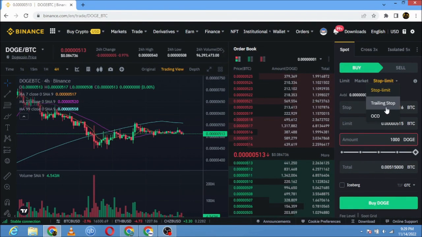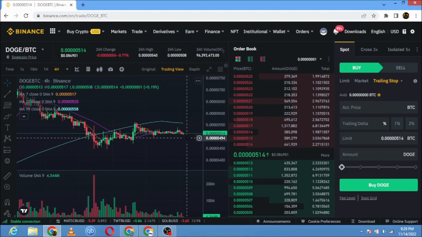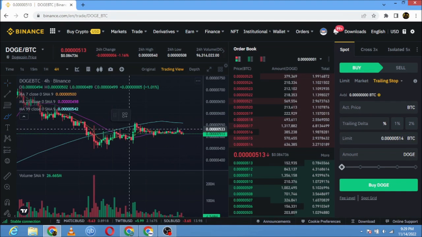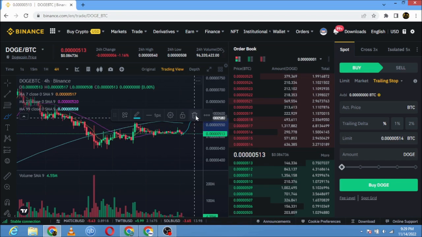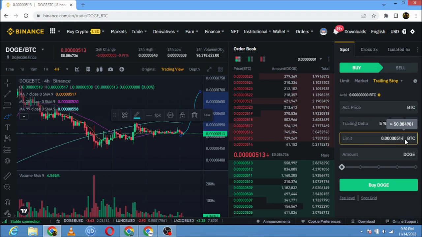So another thing, there is a trailing loss. This trailing loss works like this. Maybe in our market, we believe that it will go up, but we believe that this market might go down or it might go up. So once you say that once it reaches maybe 5%, I want it to sell itself. I want to buy my Dogecoin at 512, and I want to buy 1000 Dogecoins.